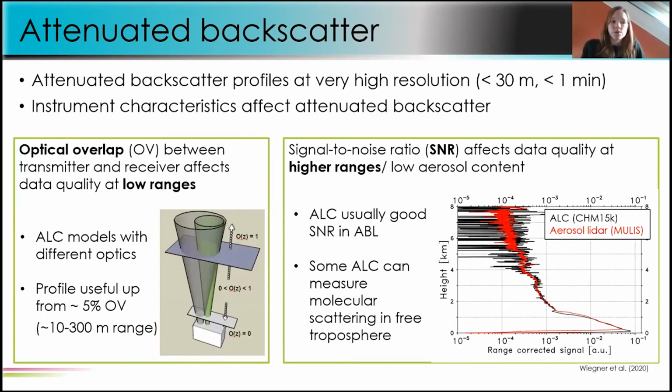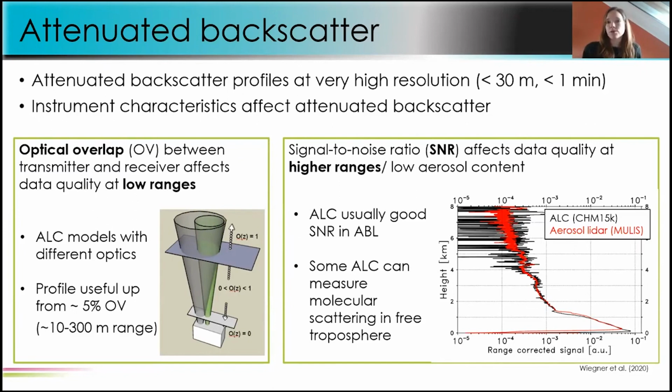And due to these advances in technology, we can now record attenuated backscatter profiles at very high resolution, lower than 30 meters in the vertical, and very high temporal resolution. There are two very important instrument characteristics that affect the attenuated backscatter, which is the optical overlap between the receiver and the transmitter beam.